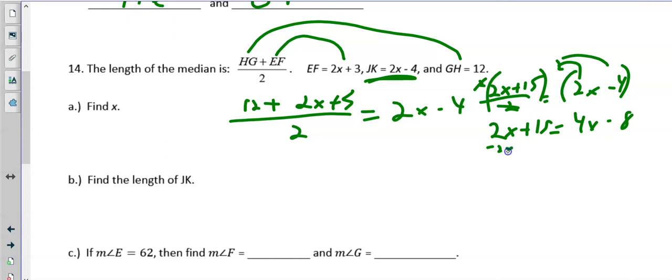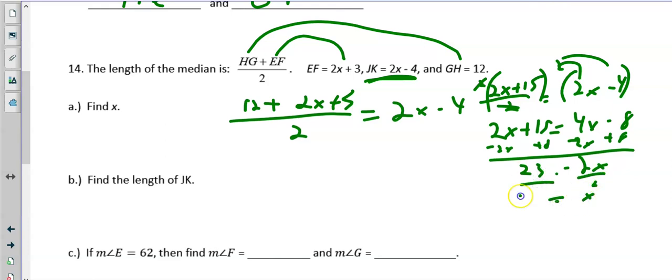I'm going to subtract 2x. Keep my x's positive, which means I'm going to add 8, which is going to give me 2x equals 23. I divide by 2. Yes, it's okay. I got 11.5. We can get decimal answers.